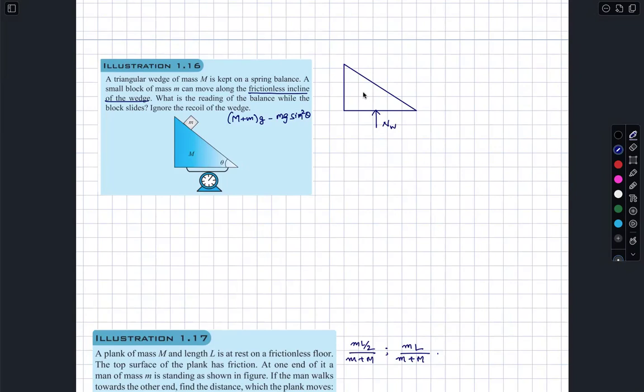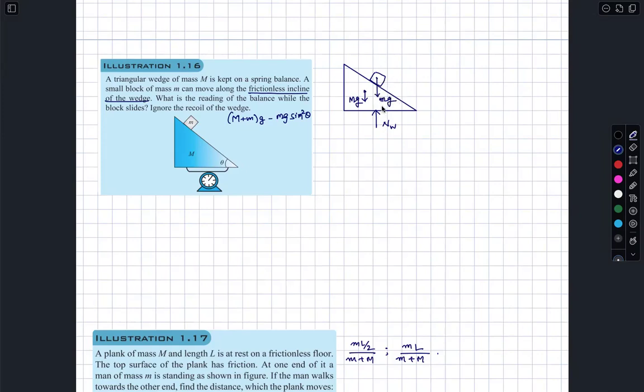The different forces acting on the system are, one is Mg, and the other block is also there. The other is the block's weight, mg.